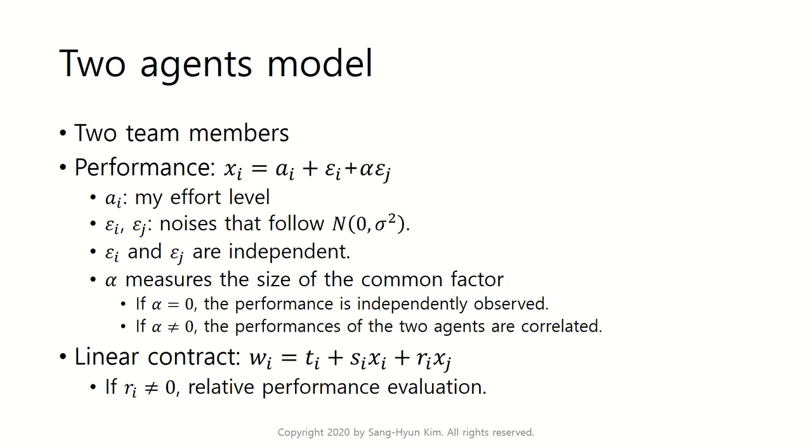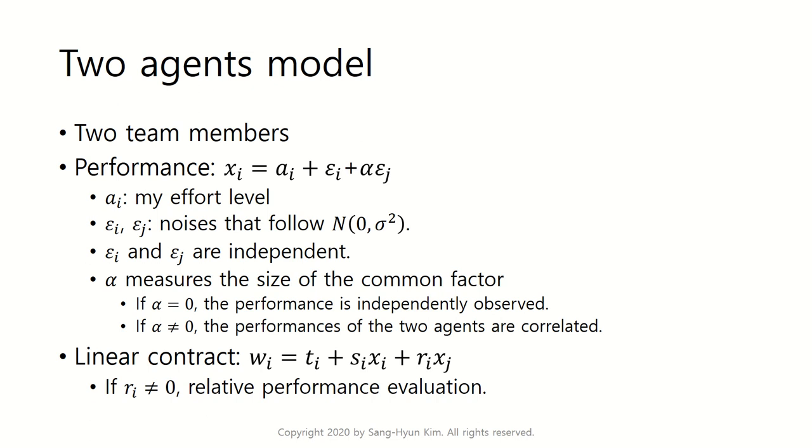We'll consider the case with negative alpha, but for most of the time we will consider the case where alpha is positive, because that makes more sense. If there is some common factor which affects the performance of both workers, both agents, then that factor is likely to affect the agents in the same way.